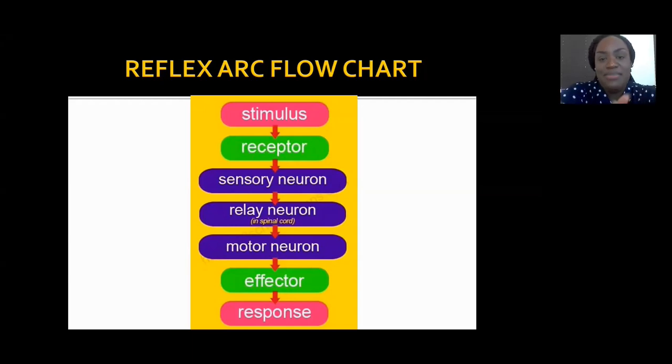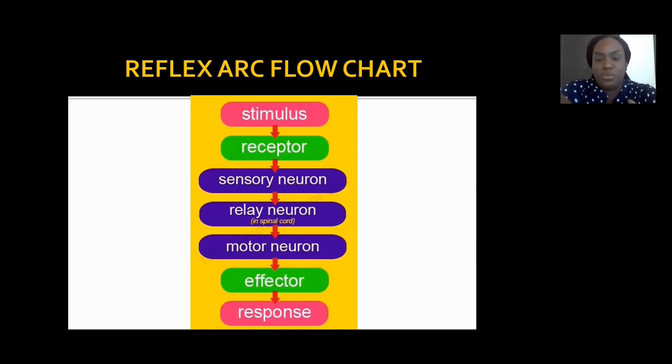From the stimulus, the electrical impulse is detected by a receptor, which passes it along to the sensory neuron, then to the relay neuron, which is located in your spinal cord, and then to your motor neuron, and then to your effector to bring about the appropriate response.